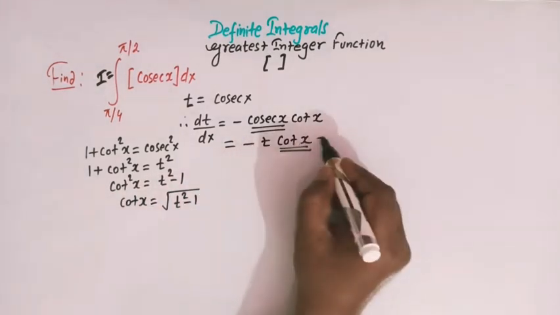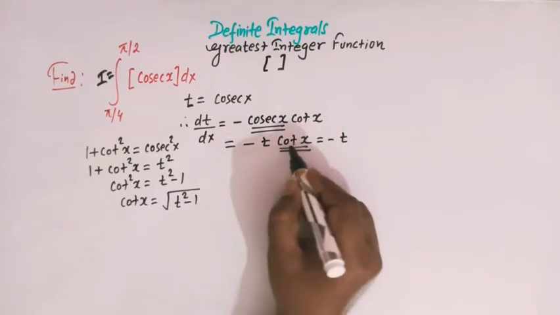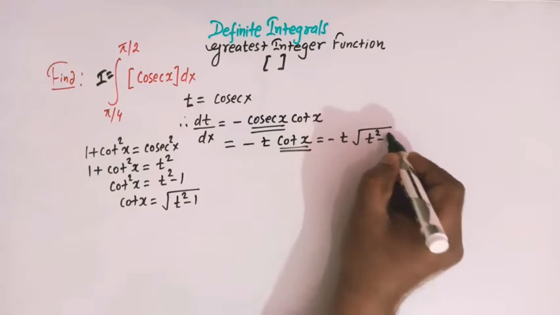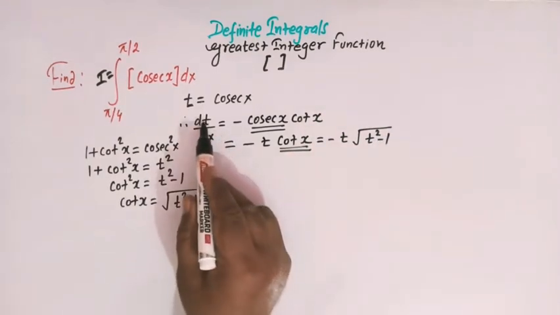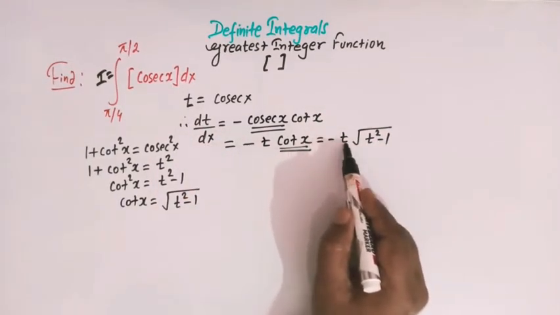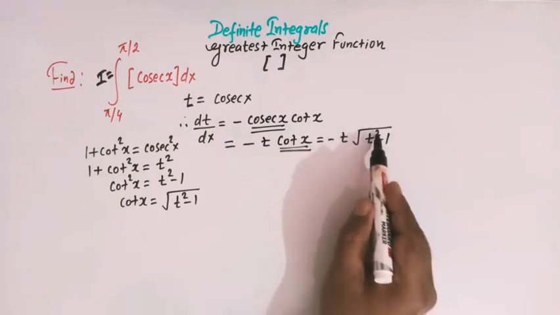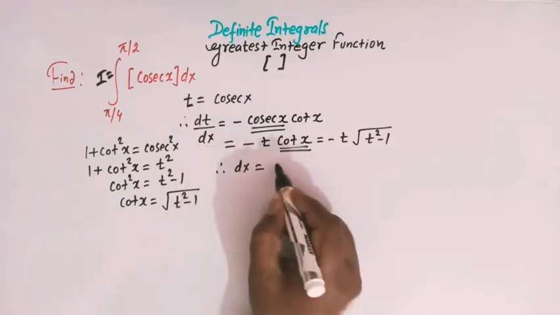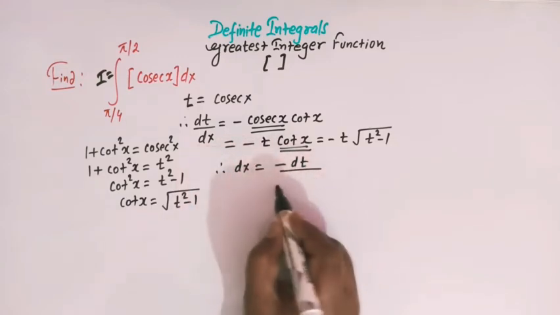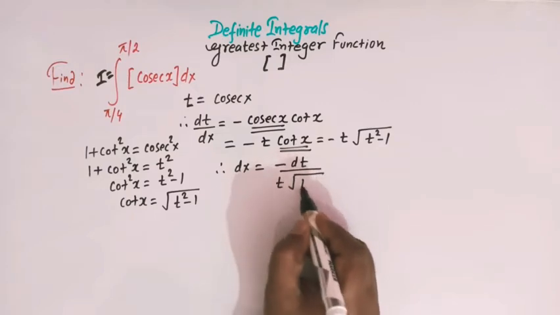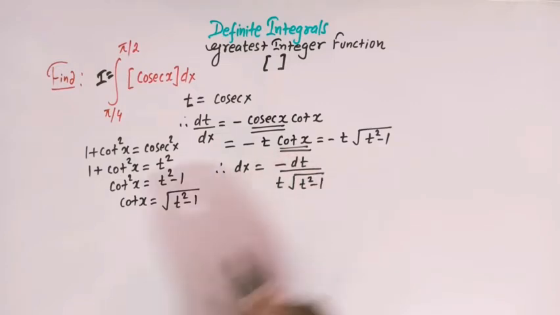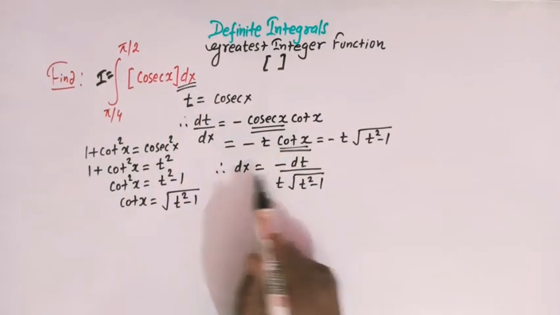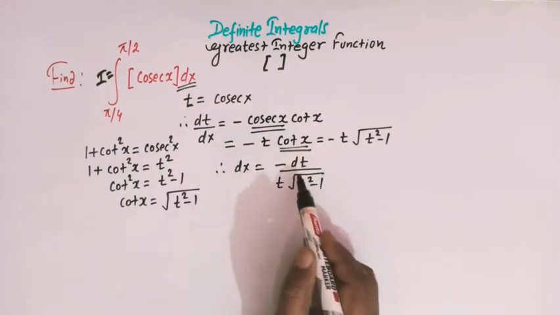So dt over dx is equal to minus t times square root of t square minus 1. Therefore dx can be written as minus dt over t times square root of t square minus 1. Now this dx can be replaced by this expression.